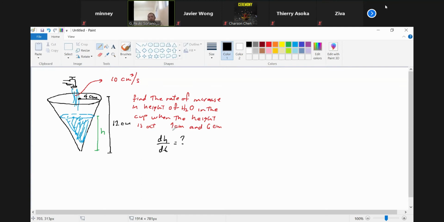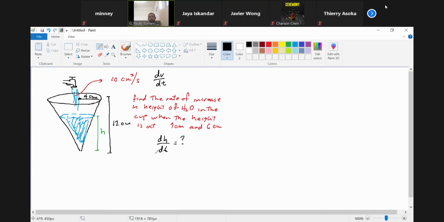But what else? Rate of water flowing. So this is now cubic centimeter. Yes, that's volume. So this is now going to be dV per dt. So we are actually trying to relate volume with the height.